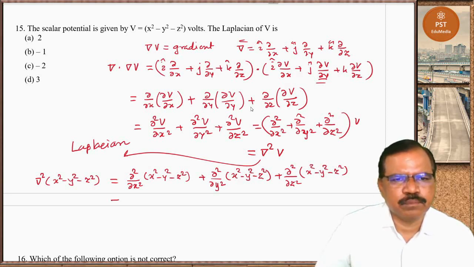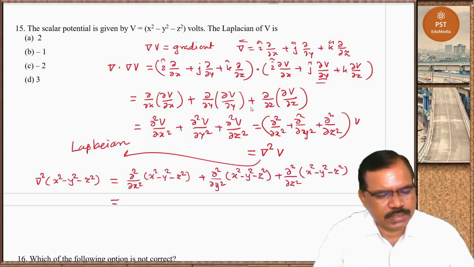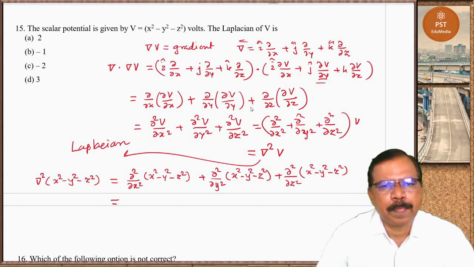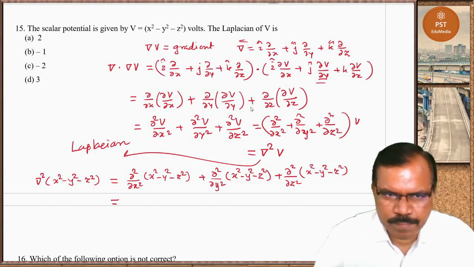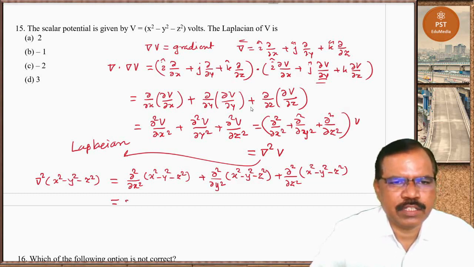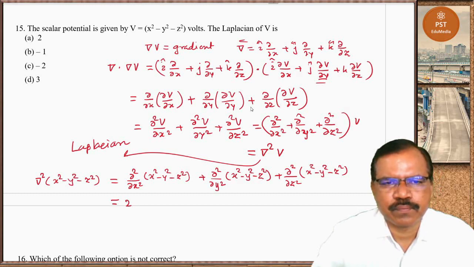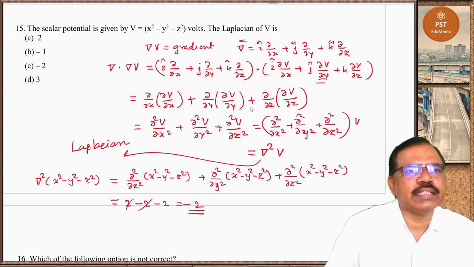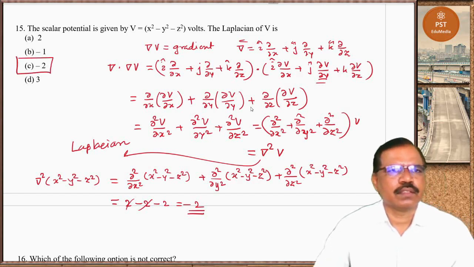So what is the derivative of the first term? 2. What is the derivative of the second term? Minus 2. And for the third term? Zero. So here the total is minus.